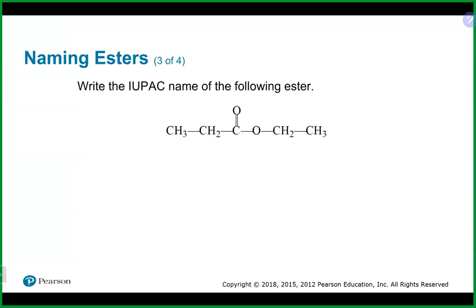All right, so why don't you name this ester? Why don't you also name this ester?